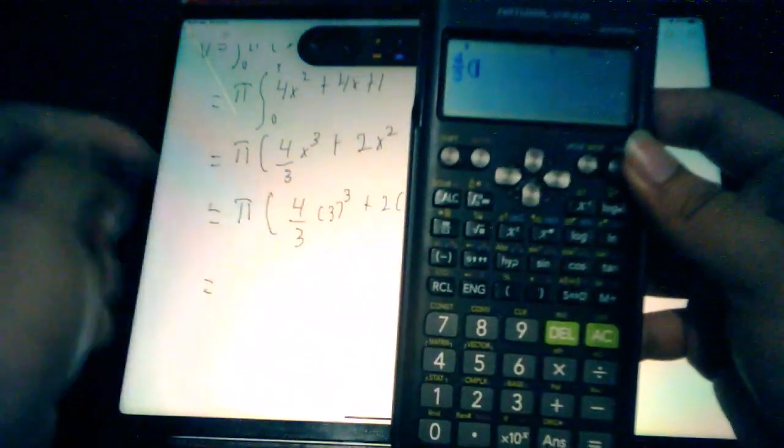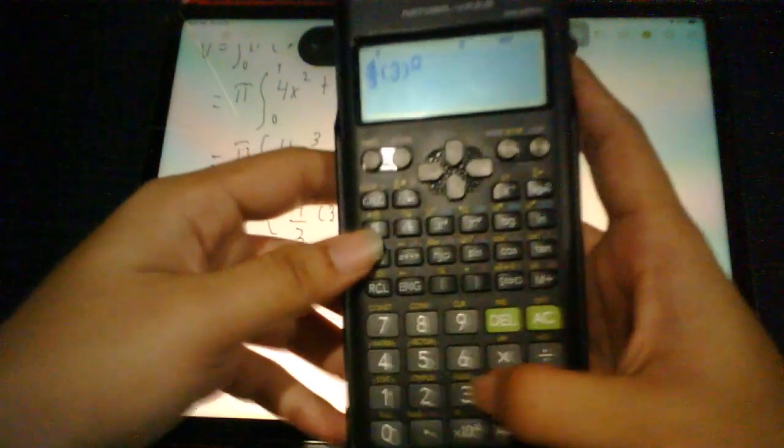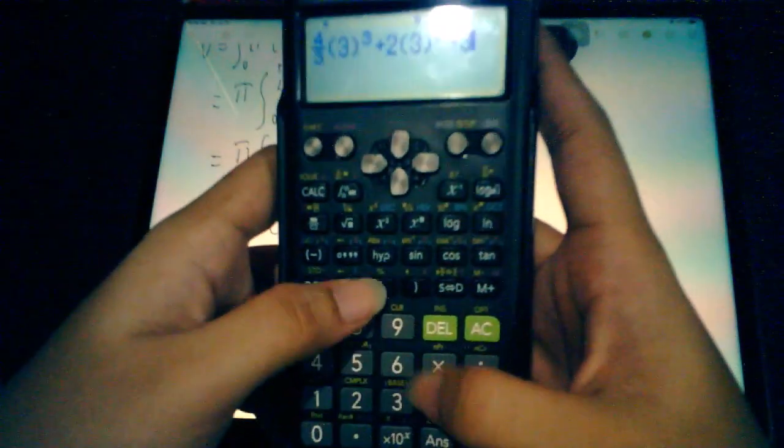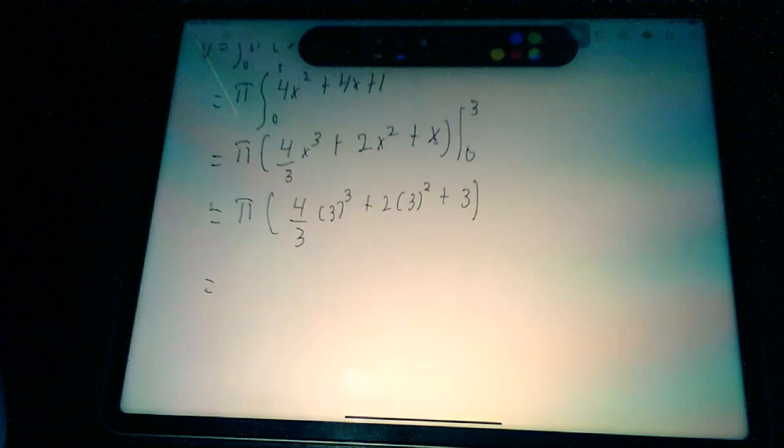This is 4/3 times 3 raised to 3 plus 2 times 3 raised to 2 plus 3. So our answer is 57, 57 times pi, which is 57 pi.